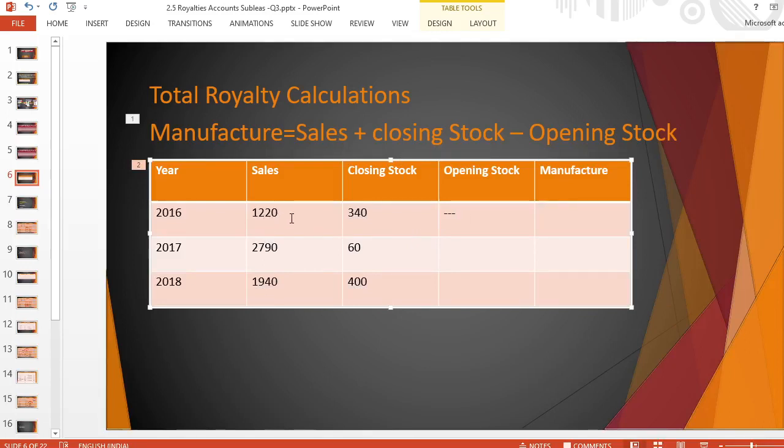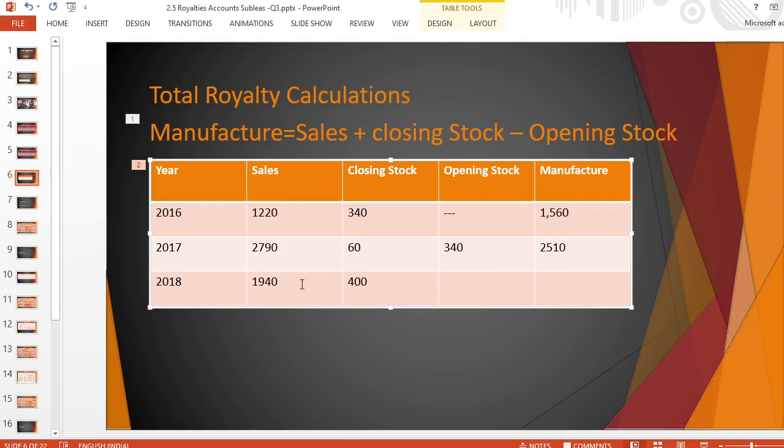Opening stock for the first year is nil, and here we need to find out the manufacture. Sales 1220 plus 340 minus 0, so it is 1560. And here 2790 plus 60 minus opening stock. Last year's closing stock will become this year's opening stock, so it is 340 units. So the final result is 2510.